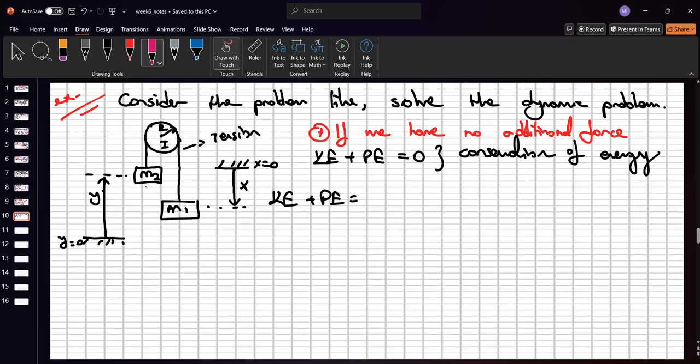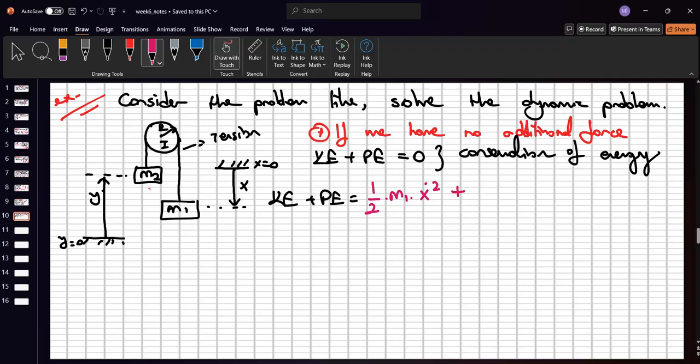So how we can define the kinetic energy plus potential energy in here? Just remember that if we have this value, M1 is driven by the translational one. How we can define the M1 kinetic energy in here? We have the X value. This is the translational. And so we can write that 1 divided by 2 times M1 times X dot square, right? Because we have the translational motion. And also we can define the M2.